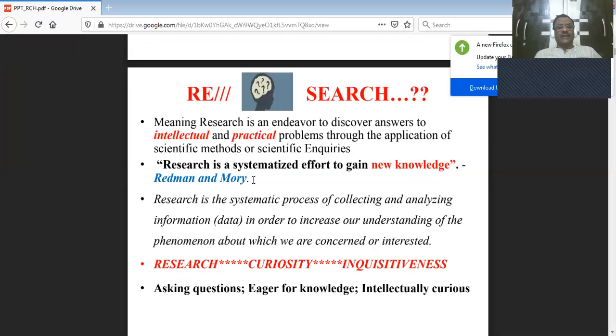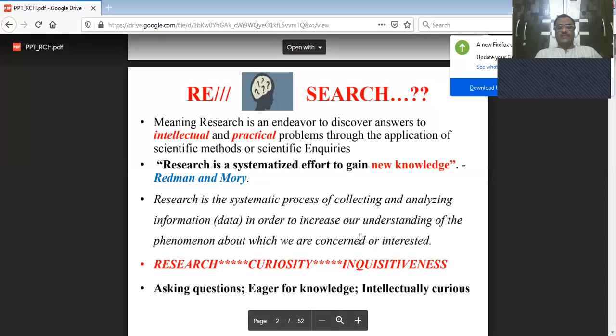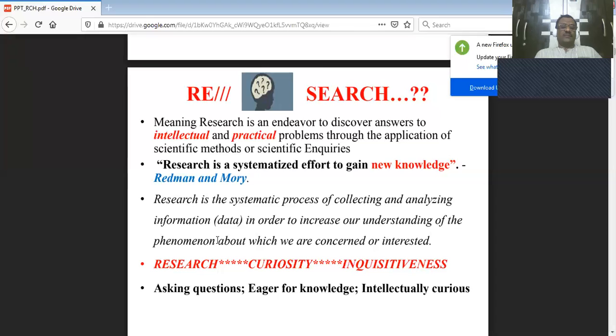This data or information is going to give proper inroads into understanding the phenomenon, how exactly the phenomenon is structured, what are all its variables, its framework, its time boundedness.